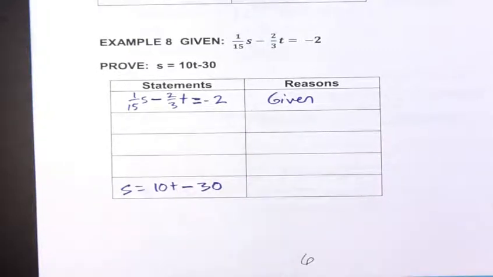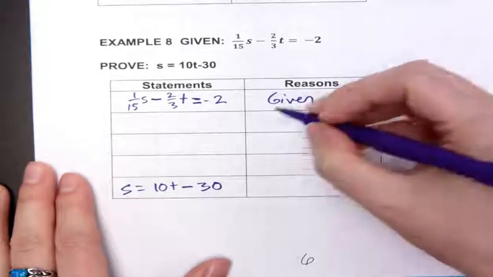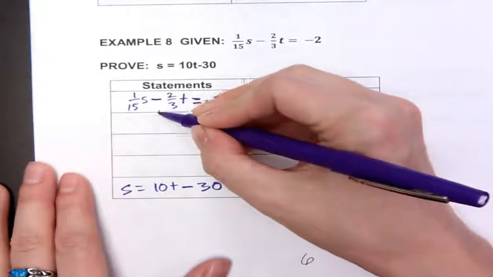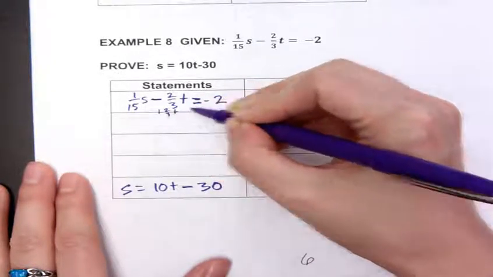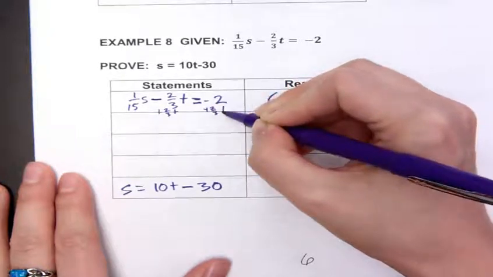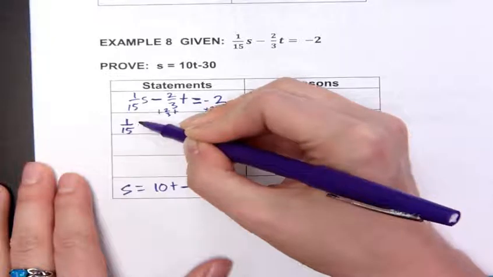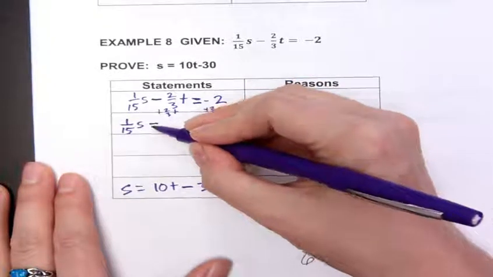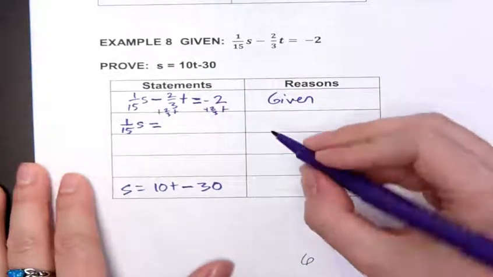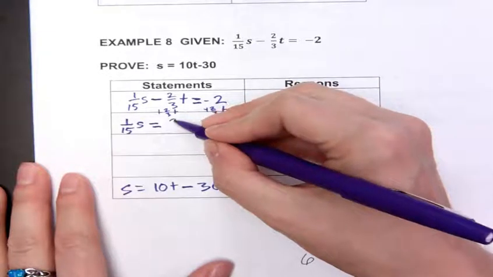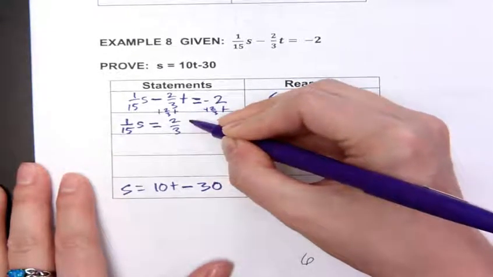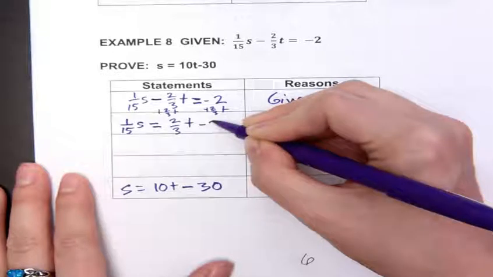So we can do those steps in either order. I'm going to go ahead and add first, so I'm going to do the plus 2/3 t, just so I put it in this format first, because we usually add and subtract before we multiply. It would work either way. But that gives me 1/15 s equals 2/3 t minus 2.